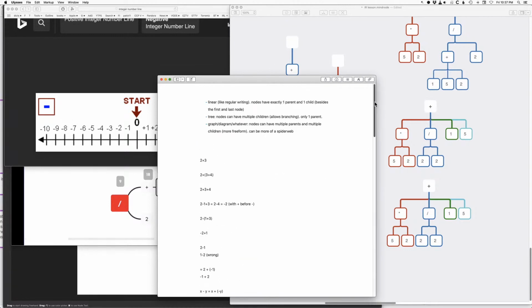Okay, any questions? Should we stop? I feel like I somewhat understood exponents. I just kind of forgot how they work. Yeah, those aren't too important.